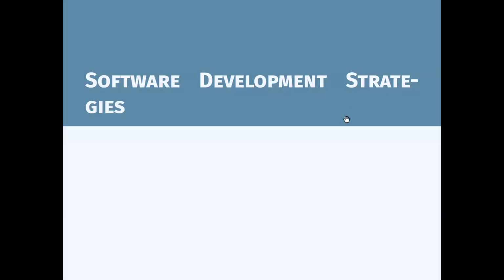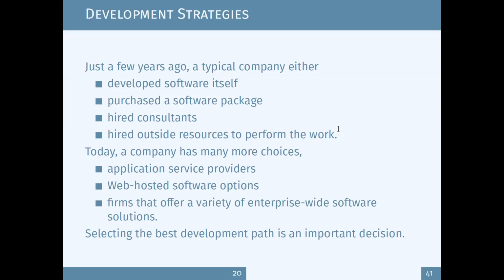In this part, we are going to look at software development strategies, looking at what is happening right now in the software industry. In the early days, people usually developed the software themselves, or purchased a software package, or hired a person as a consultant, or hired outside resources to perform the development. Now, with recent developments in information technology, things have changed and we have a lot of options.